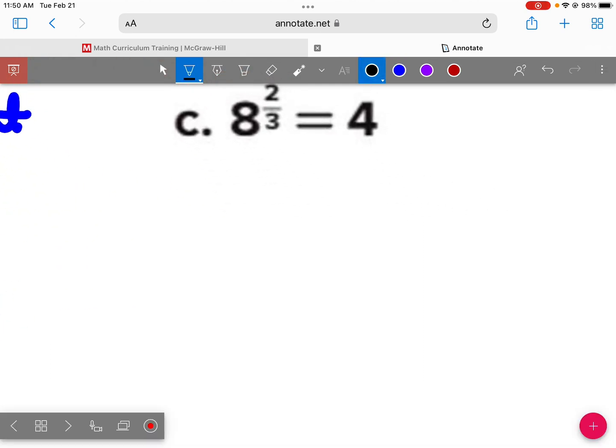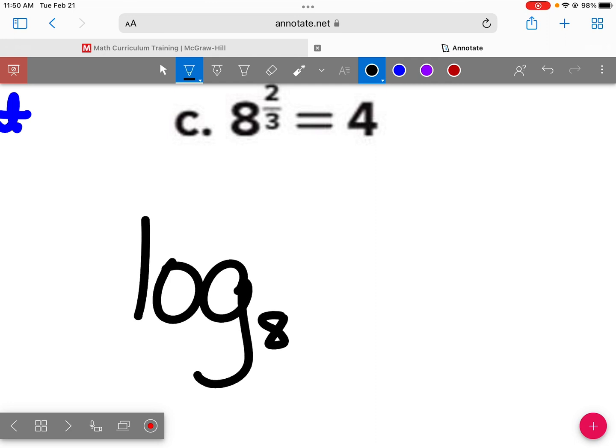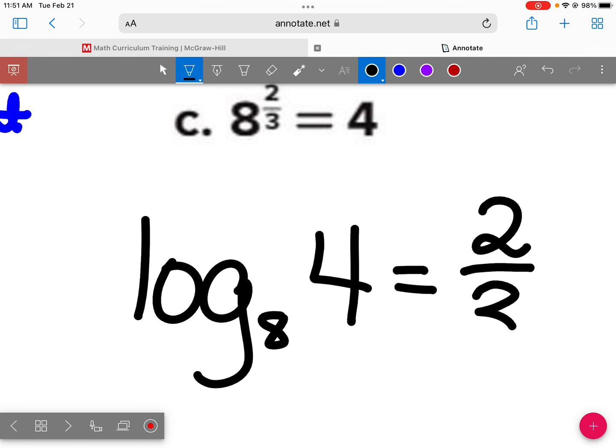Help me rewrite part C. Log base 8 of 4 equals 2 over 3. Beautiful. Do the check.